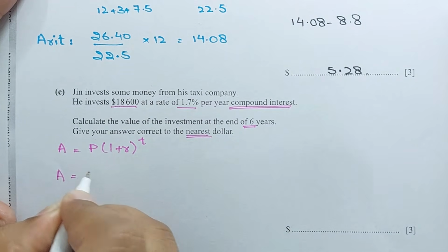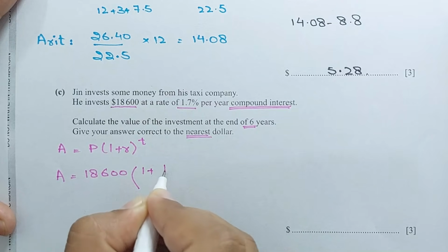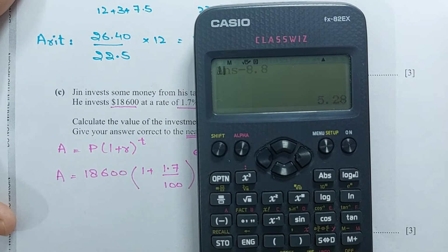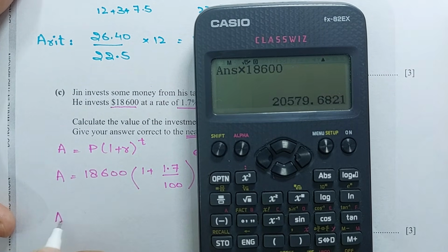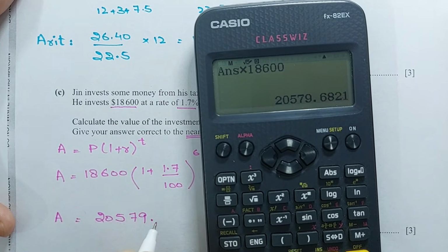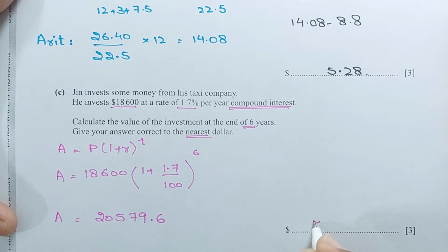The investment P is $18,600, the interest rate is 1.7% divided by 100, and the number of years is 6. Simplify 1.7 divided by 100, add it to 1, take its power of 6 and multiply by 18,600. This is the value of the investment, 20,579.79, rounded to $20,580.